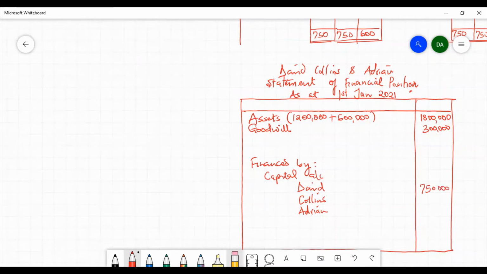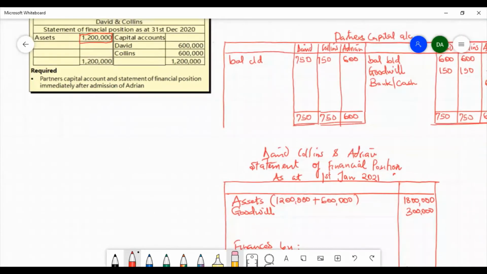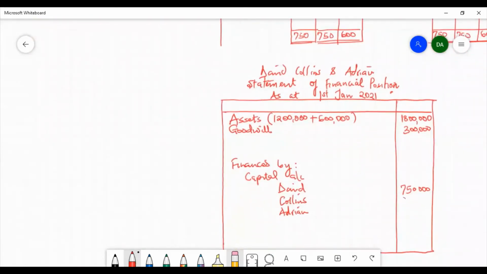What we transfer to the statement of financial position is the balance carried down. So for David it is 750,000, for Collins 750,000 also, and for Adrian 600,000. Then the total is going to be 2.1 million, the same as what we had in the assets.